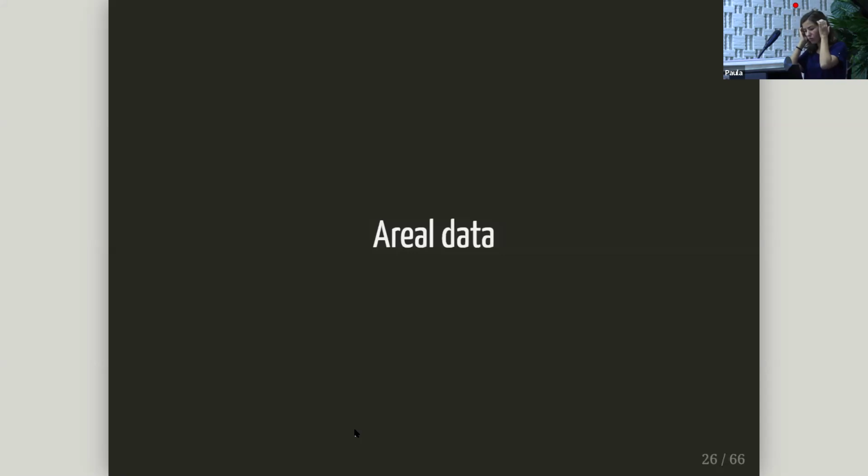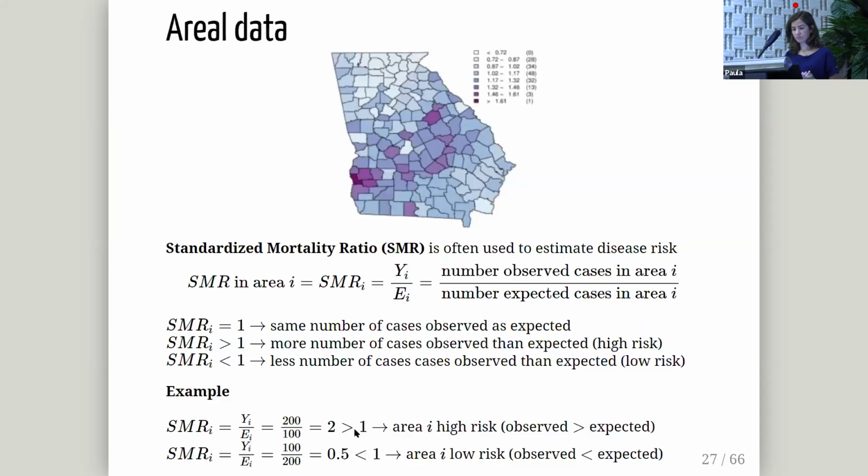Okay, so now we're going to see an example of areal data. As I said before, we have a region that is partitioned in several sub-areas, and we want to estimate disease risk in each area. We can calculate the SMR, that is observed divided by expected.